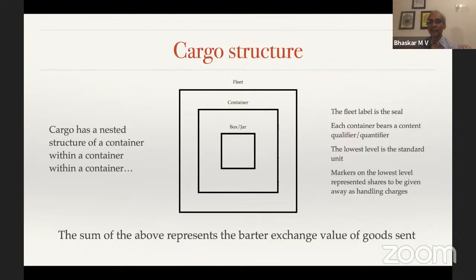The lowest level is the standard unit, a standard unit that is understood by people as a standard of that time. A box of a particular size, a jar of a particular size, like we understand, for lack of any other example, a Budweiser 6-pack today, for instance.